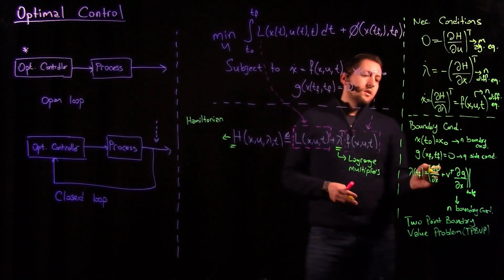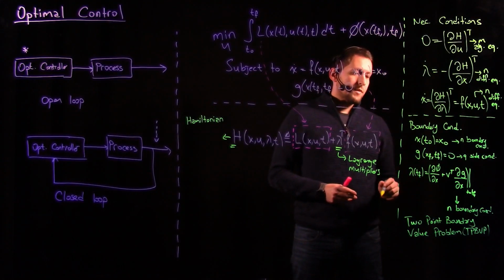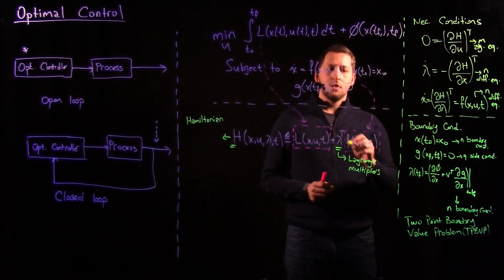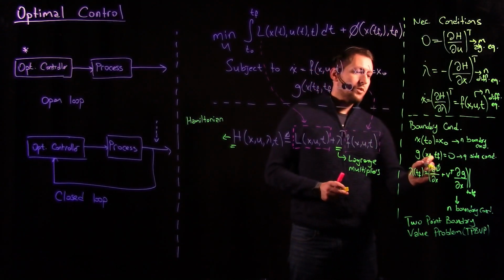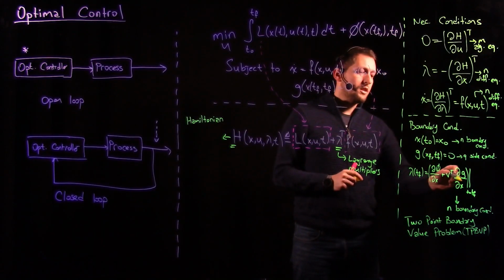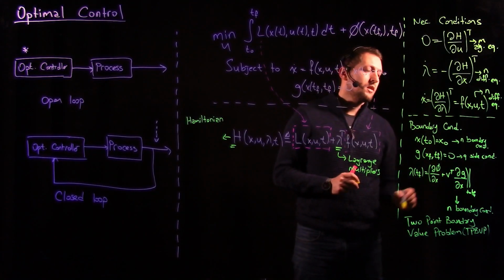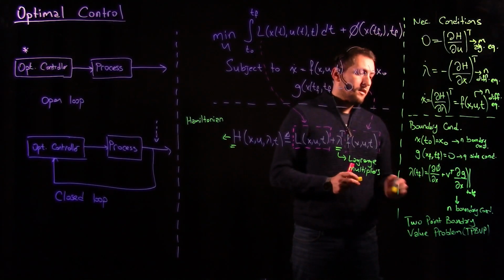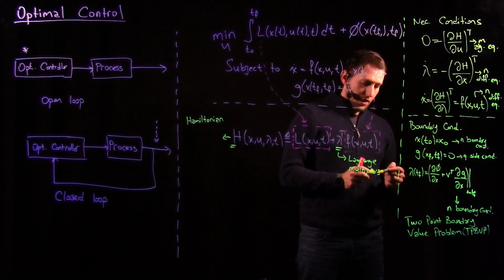Okay, so the last term here comes from the final time constraint of lambda t, which is the Lagrange multiplier. So we also have this phi, and we also have this g function here. We can evaluate this equation and assign t to tf, and then get the n additional boundary conditions.